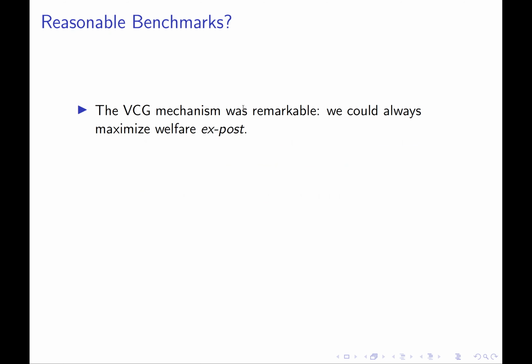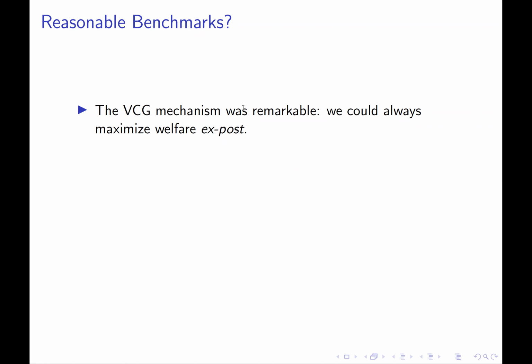Okay. So, we didn't remark on it so much at the time, but the VCG mechanism actually was quite remarkable in the sense that it didn't just maximize welfare on average. In fact, we didn't even need to assume any distribution over bidders in order for it to make sense to specify what it might mean on average, because it did this much stronger thing. It guaranteed that it maximized welfare on every single instance.